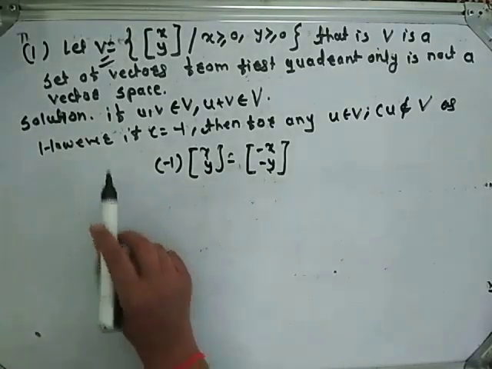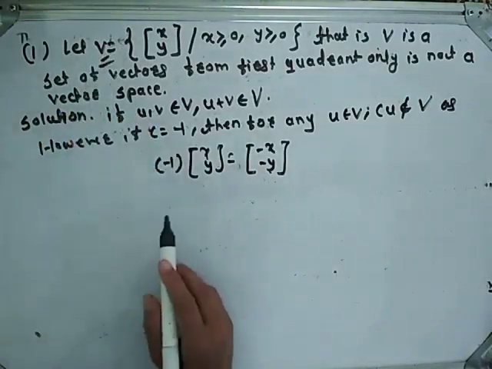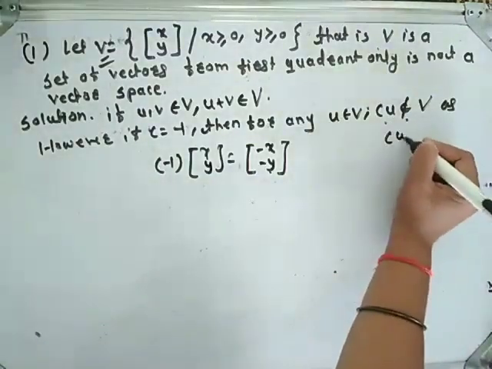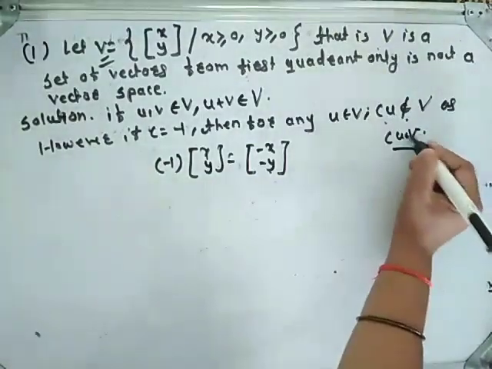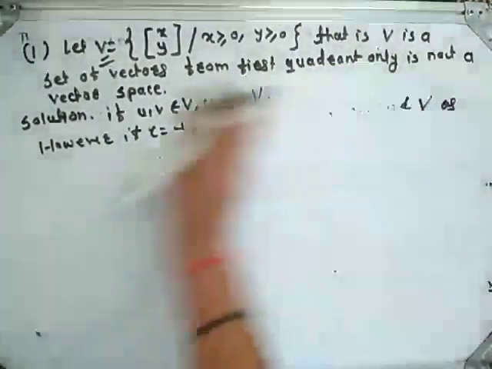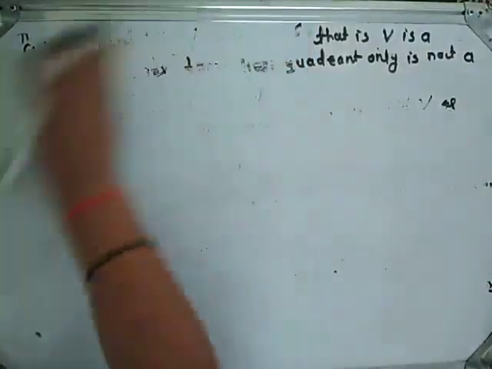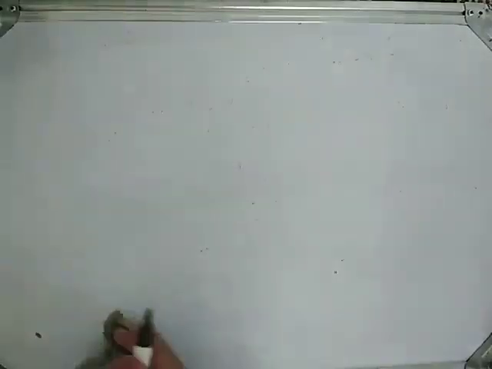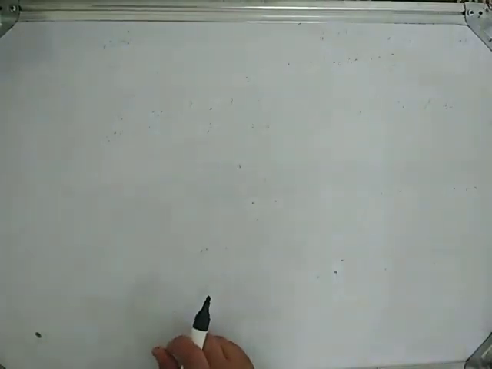See here, this set fails to satisfy the axiom c into u belongs to V. That's why this set is not a vector space. Okay, I hope all of you understand this concept. It means we have to find one axiom that is not satisfied by the set, any set.